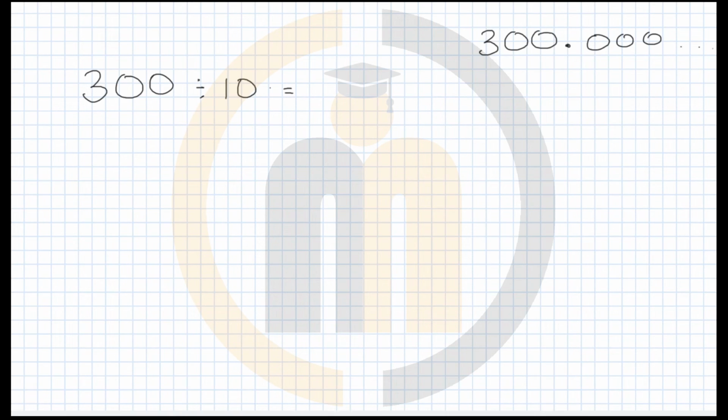So that means there would be a decimal point here. So when you divide by 10 for decimals, you move that decimal point to the left when it is a division. So your answer here would be 30.0, which is 30.